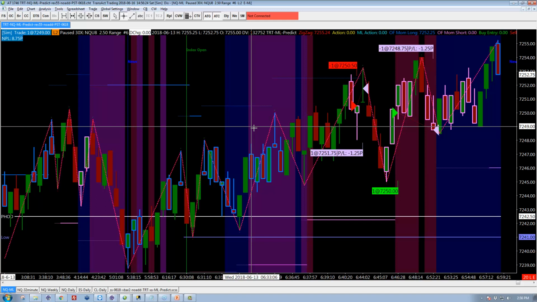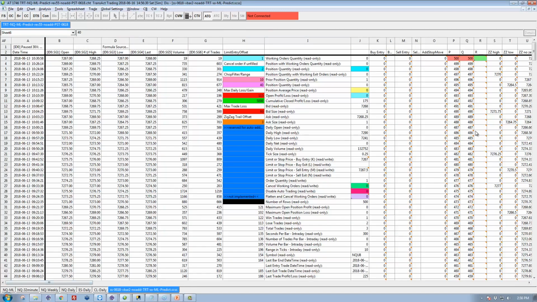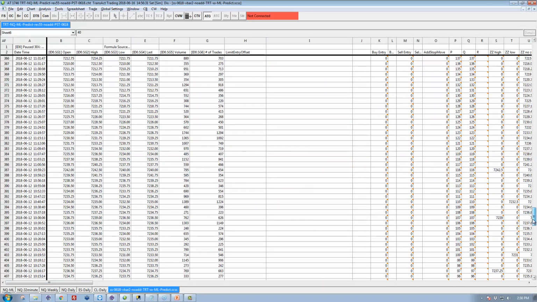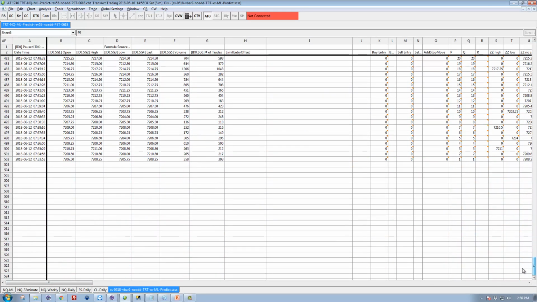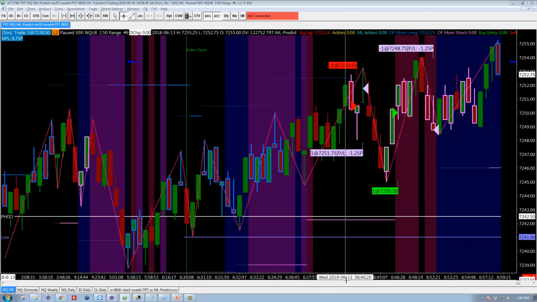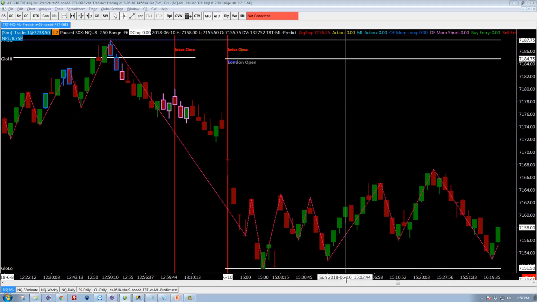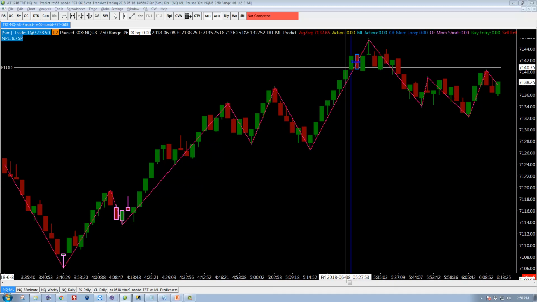The reason that's important is that the spreadsheet only has a certain number of rows. I think it's 500. So this has 500 rows, which means it only goes back 500 bars. If I go back further in time, my chop avoidance is not shown there because I'm more than 500 bars away from the end of the chart. And I kind of don't like that.